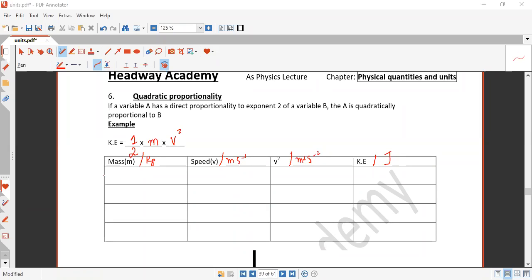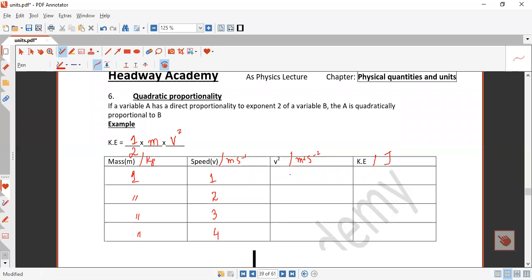So, since the mass of an object is fixed, let's say mass is 1 kg, right? Let's say it is fixed. And let's say speed is increasing from 1 meter per second to 2 meters per second to 3 meters per second, and then 4 meters per second, right?